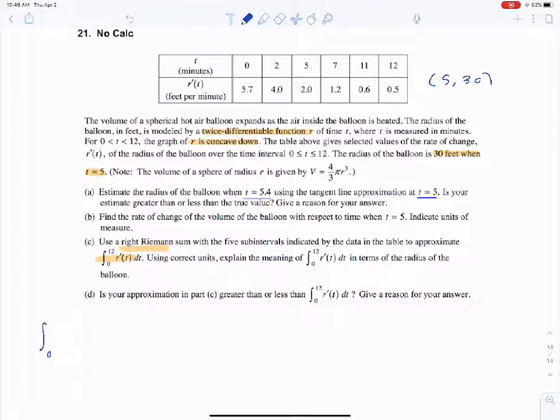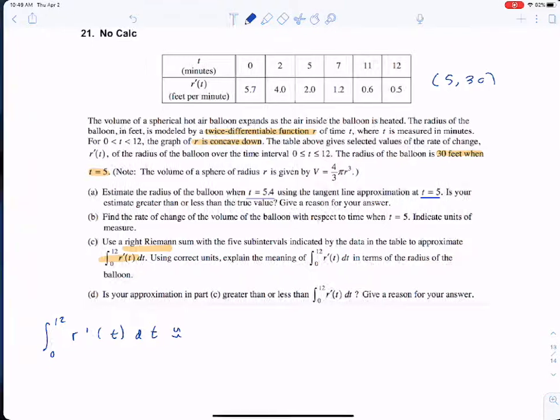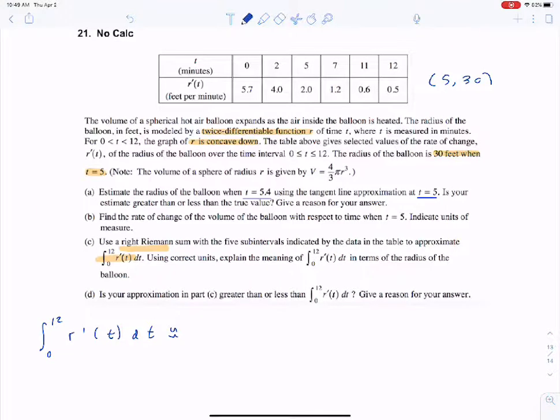So we're going to say the integral of this is approximately equal to, and let's go through and indicate here. Our first rectangle has a base of 2.